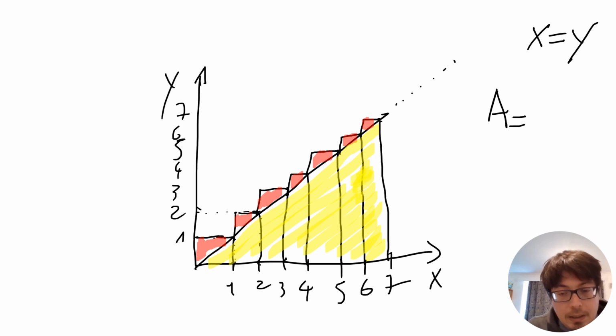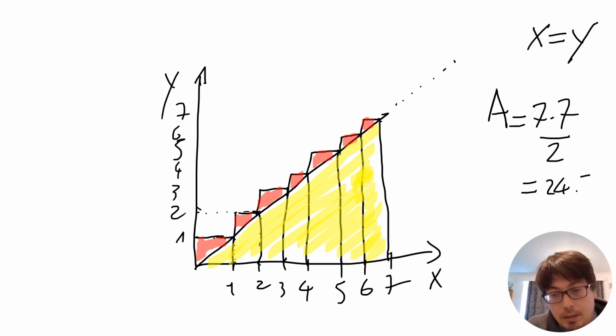In this case, the base counts to 7. The height is 7 as well. 7 times 7 is 49, 49 divided by 2, which is 24.5. Okay, it's just a number.